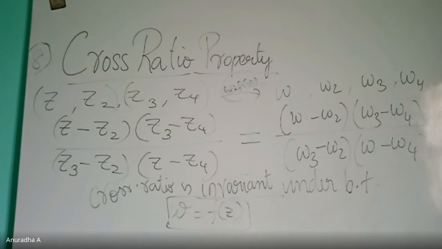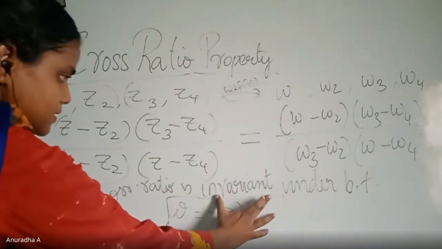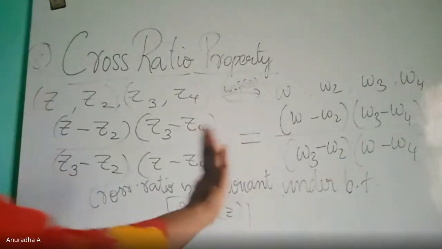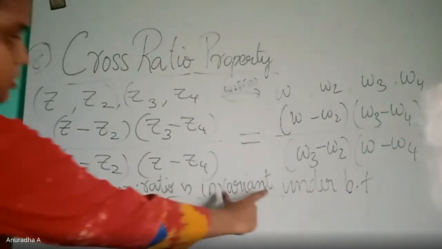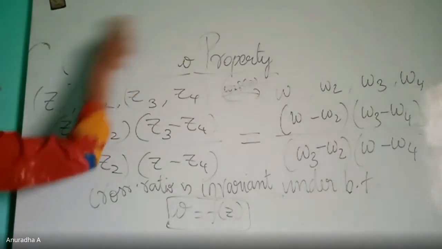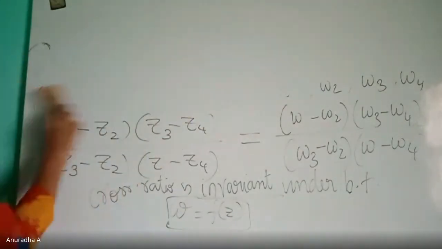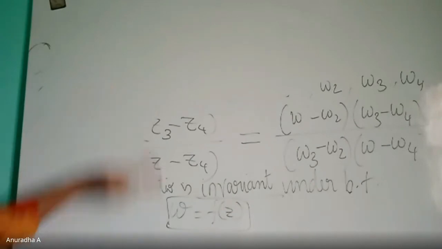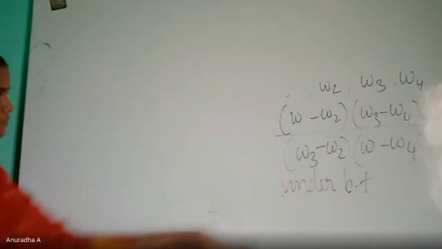Last topic. See here I wrote invariant, but this is a property. Invariant means not changing. The cross ratio will not change. That is what we are saying here. The next important MCQ and the last topic in unit 4 is invariant points.